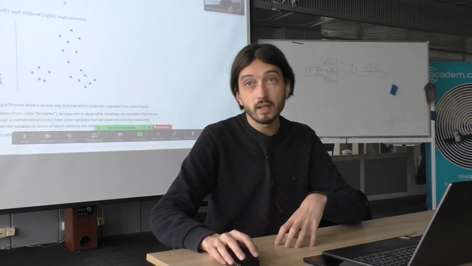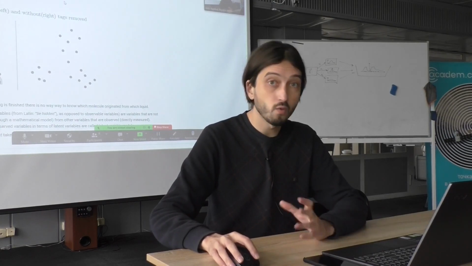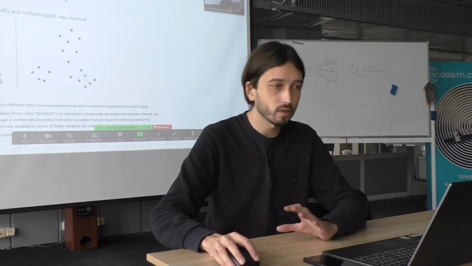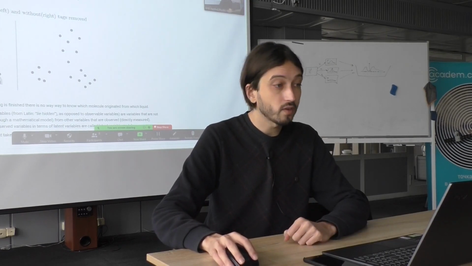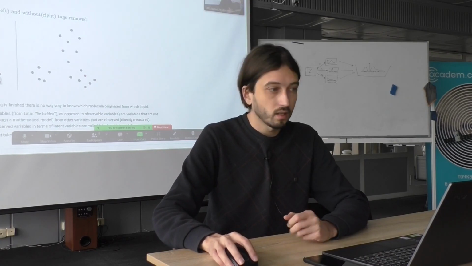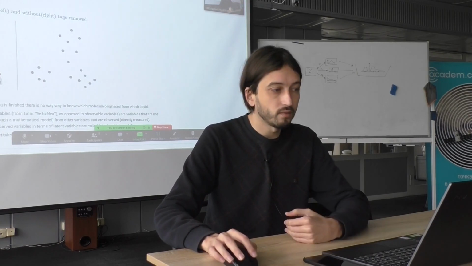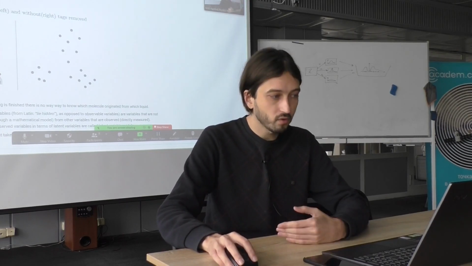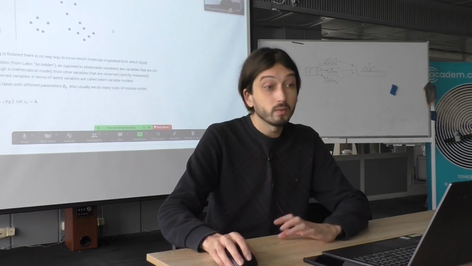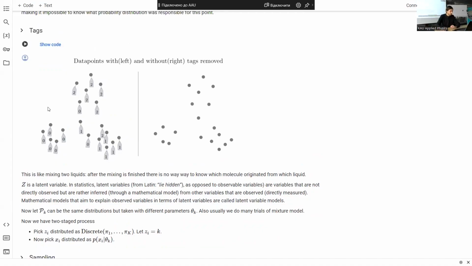That's why we will later try to use GMM for clustering, and in some cases it works more or less nicely. After the point is generated, the tag is erased, and it makes it impossible to say exactly from which distribution each point came. But anyway, we will try to guess that. Let's say, make some sort of guesstimate. So here are the points with tags, and here are the points with all the labels removed.